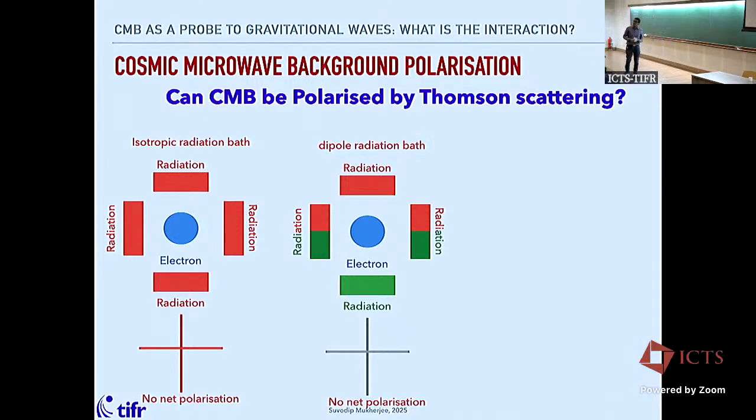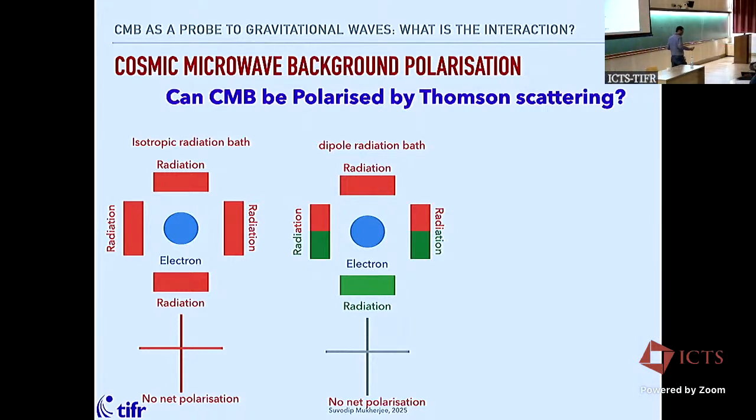If so, now I start putting in some fluctuation, because the entire distribution is happening from scattering between electrons and photons. But now many of the electrons have combined with protons and formed atoms. So I may have a radiation bath which has a dipolar fluctuation. Imagine the half of this room on top has a lot more photons than the part below. So in my poor drawing, red is a little higher temperature, green is a little lower temperature.